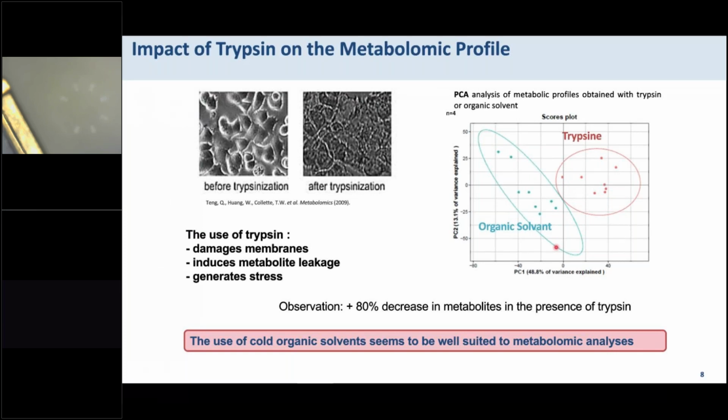Doing a further analysis, we also observe that more than 80% of the metabolites detected were decreasing in the presence of trypsin, validating the observation of Tang and confirming that the one-pot method is the suitable protocol for immunometabolomics.